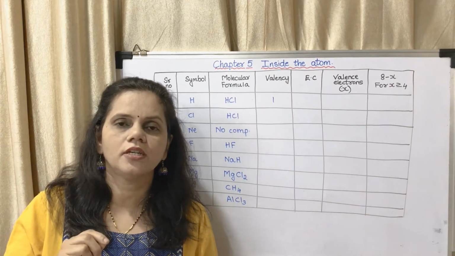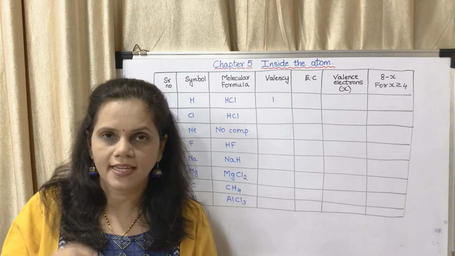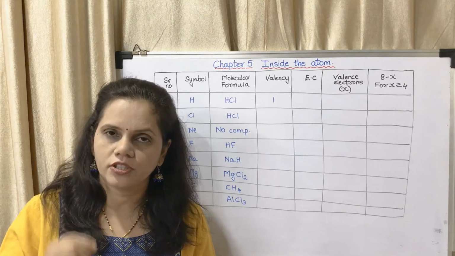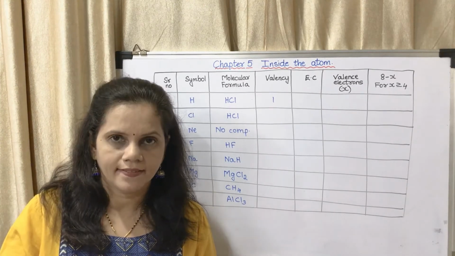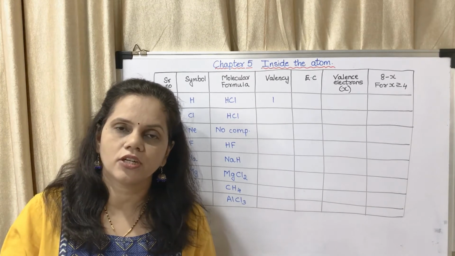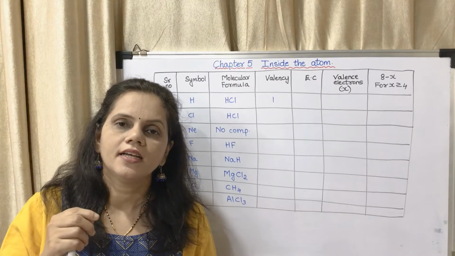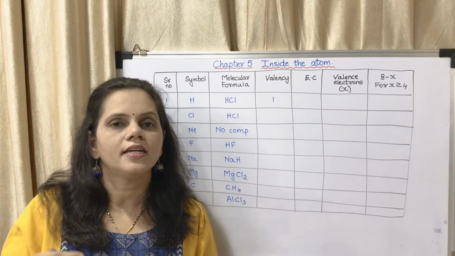Hope you have understood what is meant by valency and how to write the valency. I repeat, if it has 1 or 2 or 3 electrons in the outermost shell, it will give. If it has 4 electrons in the outermost shell, it will share. If it has 5 or 6 or 7, then it will take.